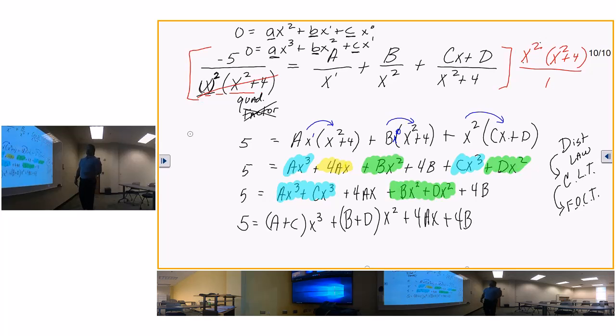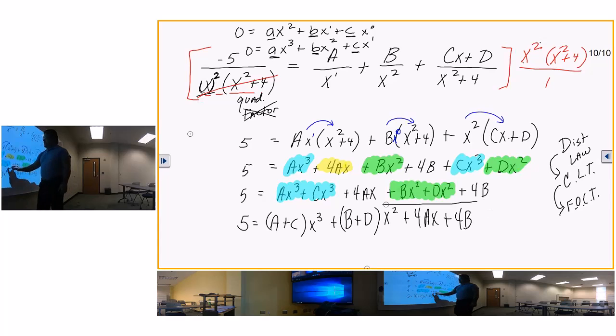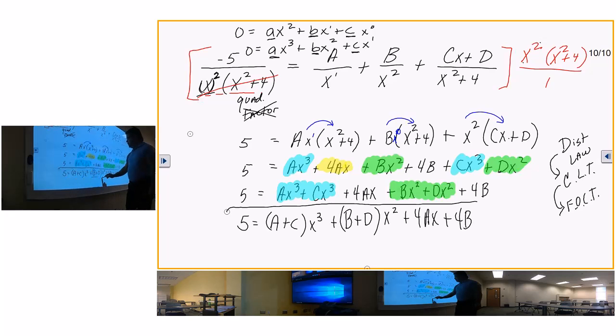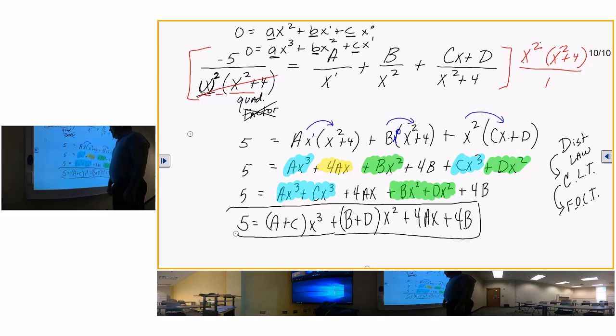Okay, now at this point, we've done basically part one. Okay, we've got it down to this. This is what you want. You want something equal to ax cubed plus bx squared plus whatever x plus whatever.